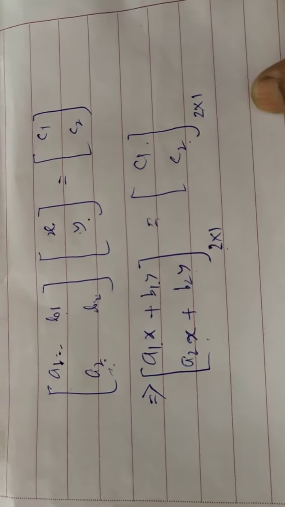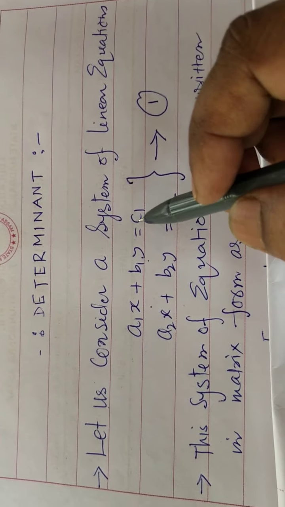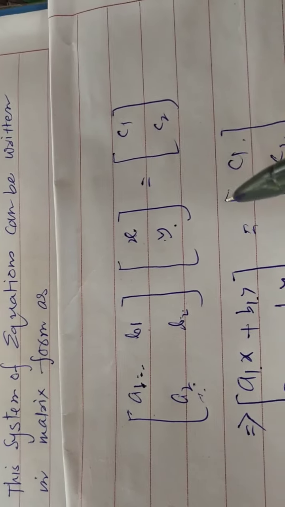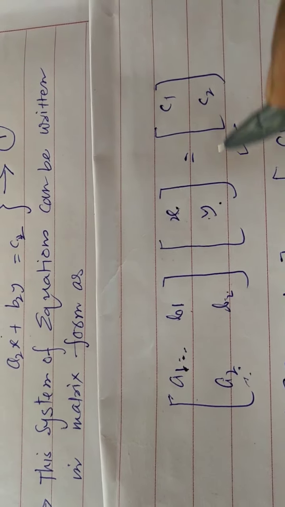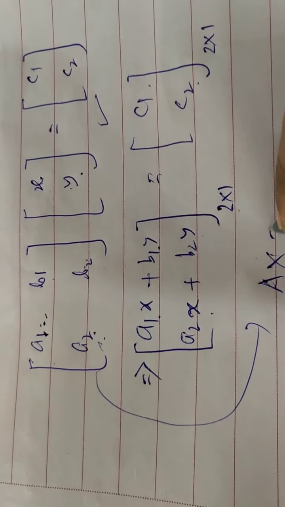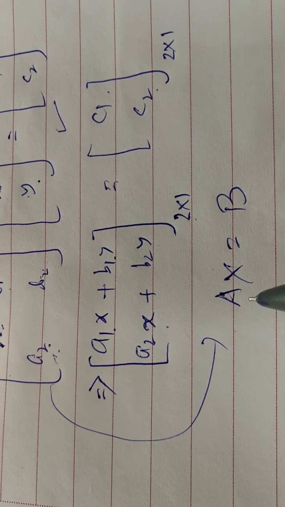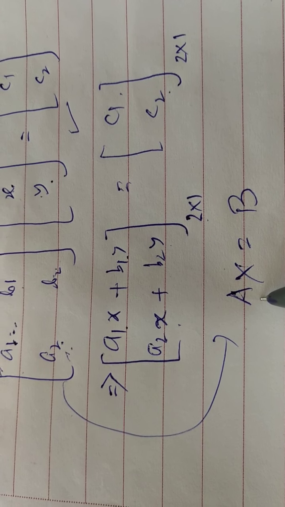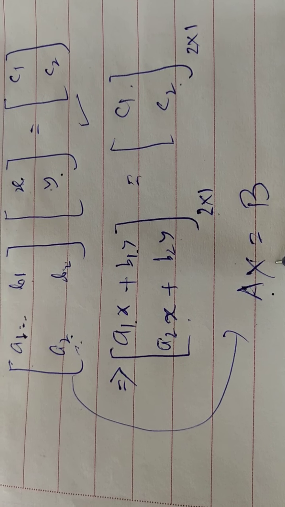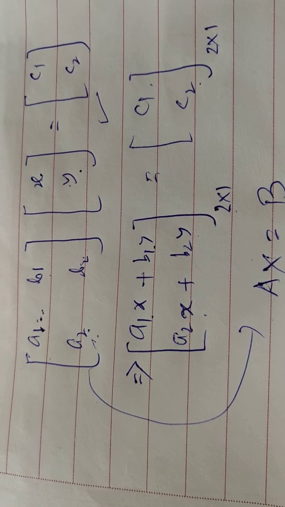Ultimately you get your original simultaneous linear equations. So they can be written in this matrix form, written as AX equal to B, where A is called the coefficient matrix, which is a square matrix, X is called the solution matrix, and B is just a normal column matrix.